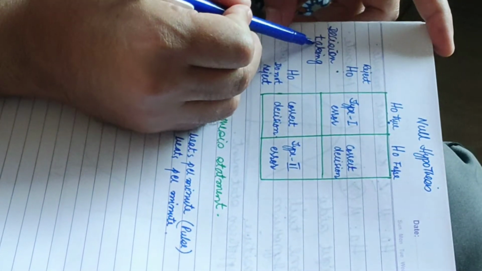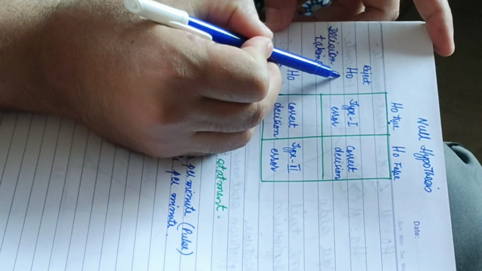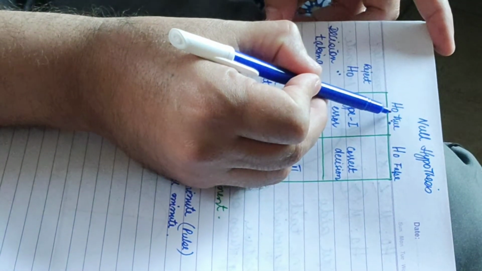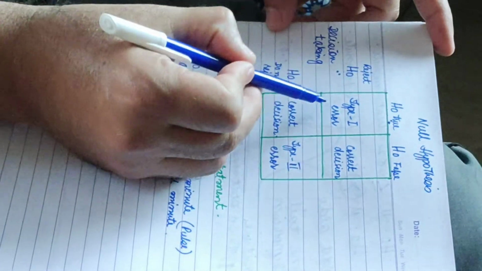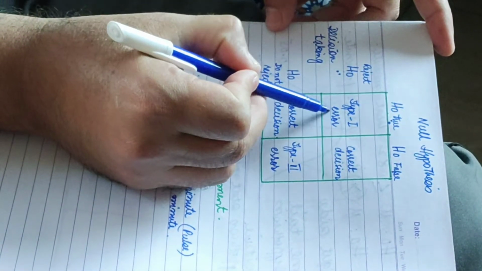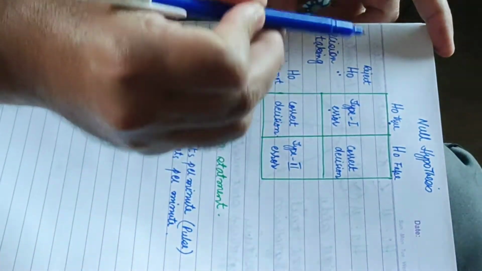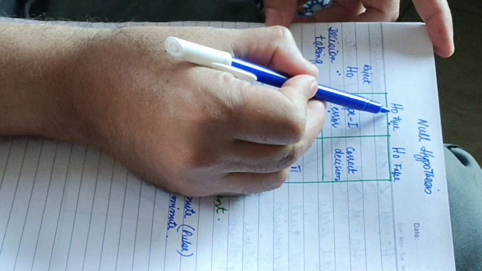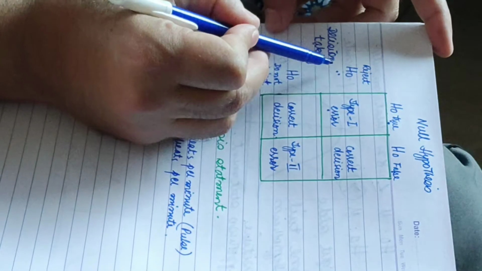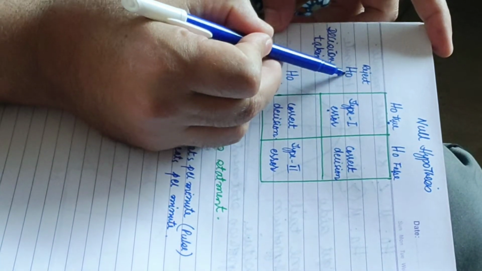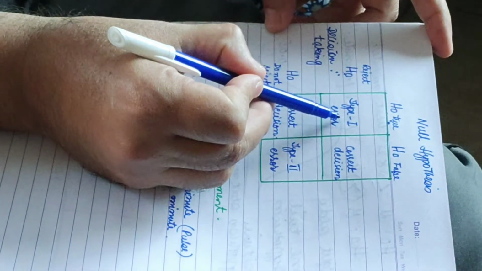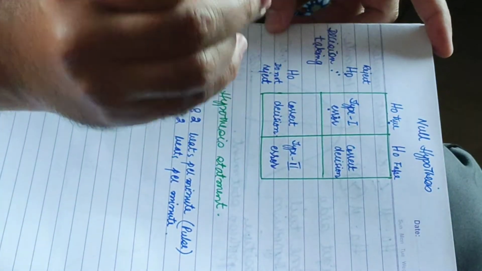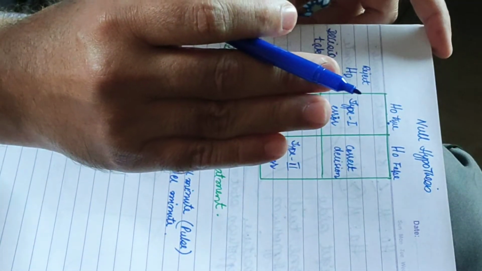When we reject the null hypothesis when it is true, that is called the type 1 error. Let me repeat once again: when the null hypothesis is true but we reject it, that is called the type 1 error.